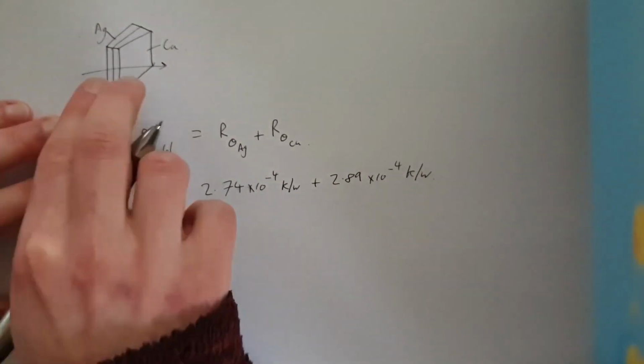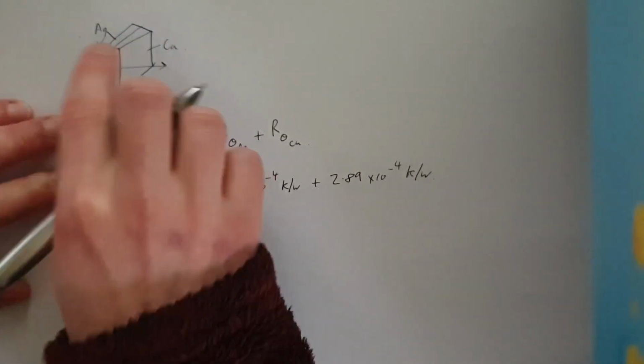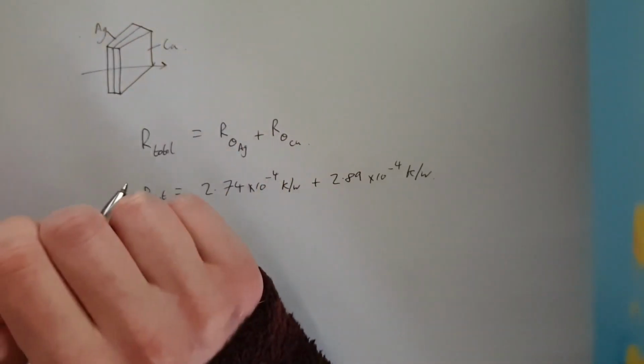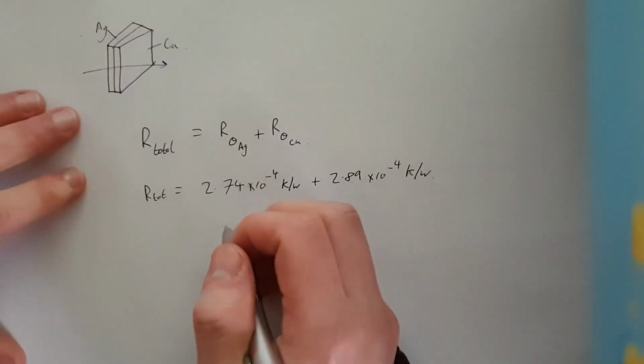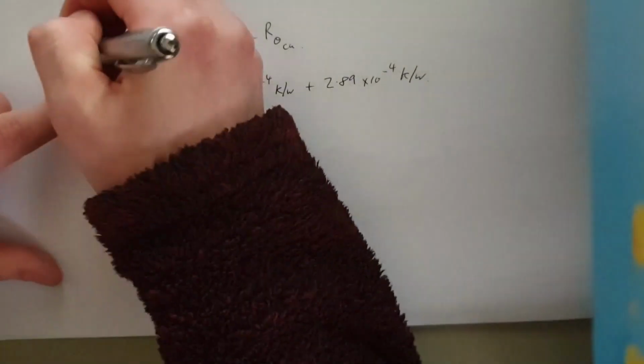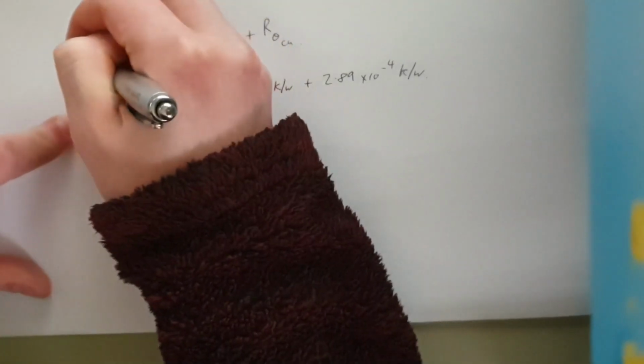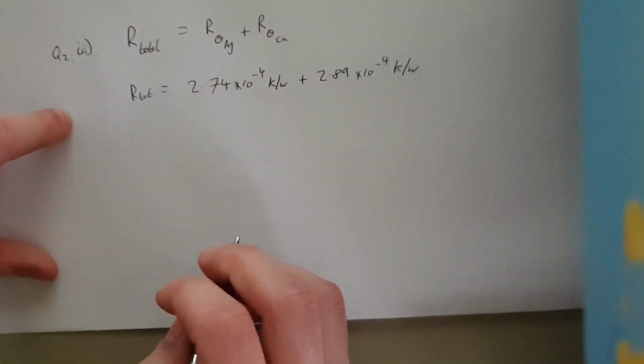If you were going in this direction along all of these, then you would add them in parallel. But I think that's a question which is cut off. But anyway, so that's question 2A, like I think it was the third part of that.